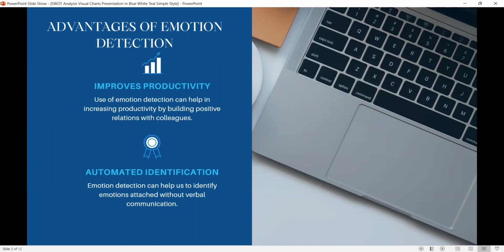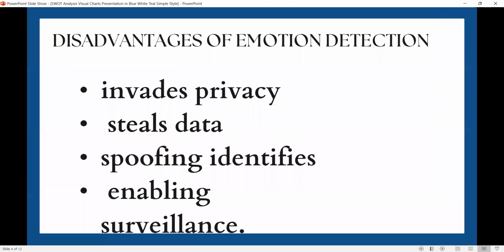Another advantage is automatic identification. Emotion detection can help us identify the emotional state beyond verbal communication. There are some drawbacks. It directly diffuses people's privacy. Like if we are hiding something, a machine can recognize it using algorithms, so we cannot hide our privacy.